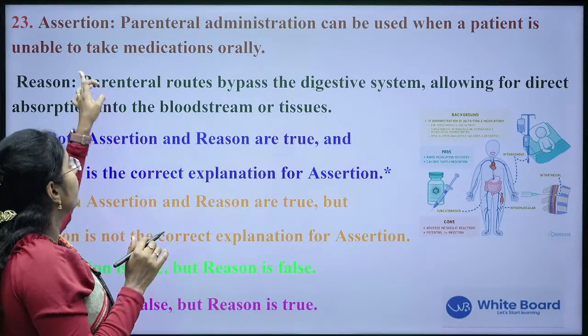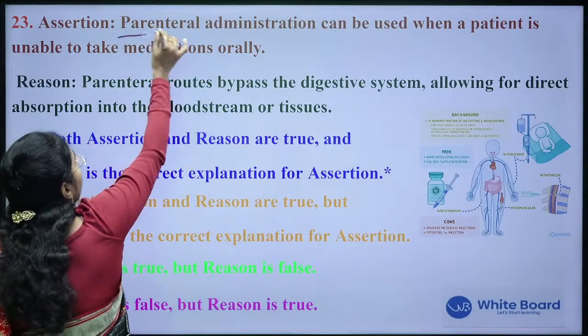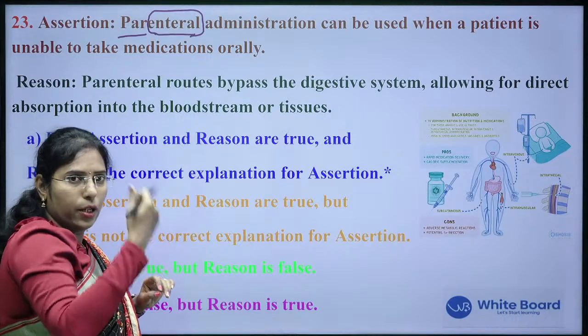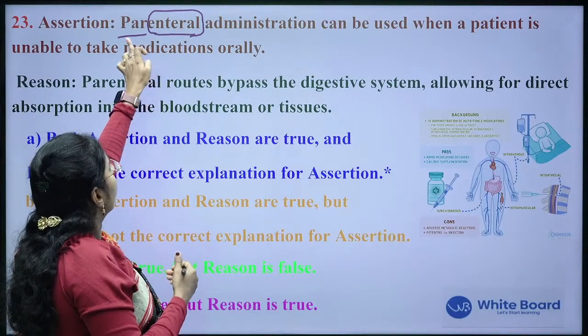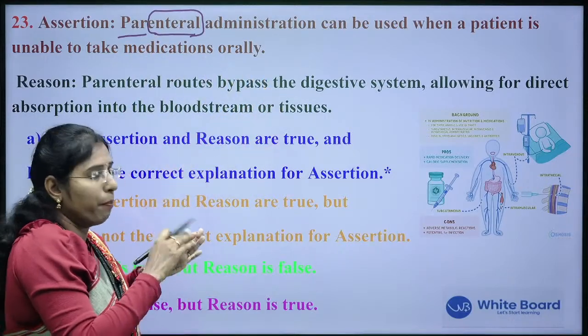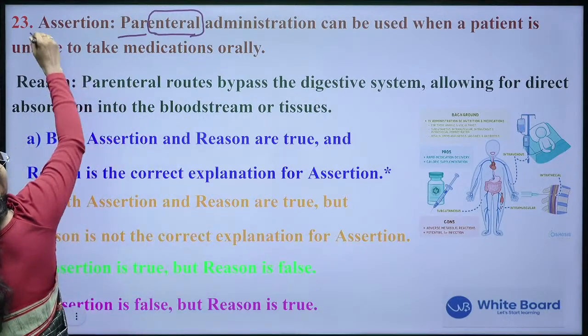So, they will go for parenteral administration. Enteral is nothing but the oral route, whereas parenteral is apart from enteral, which bypasses the first pass metabolism. Right, assertion is correct.